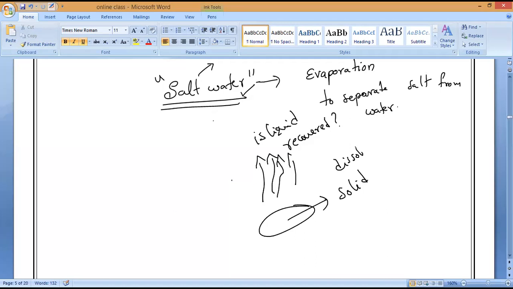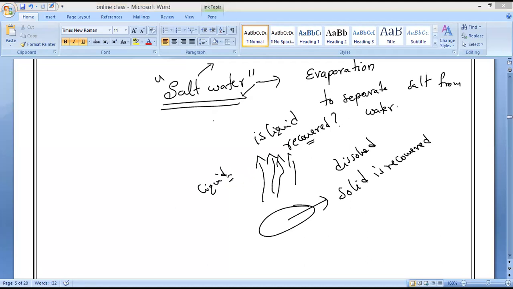Dissolved solid is recovered, but what is not recovered? Liquid. Liquid is not recovered in the evaporation process because we are simply vaporizing. Yes or no?